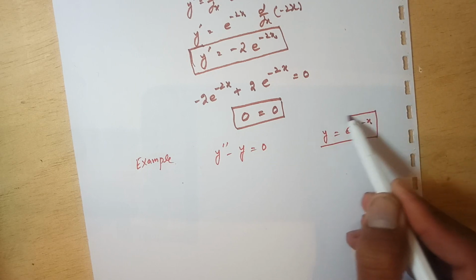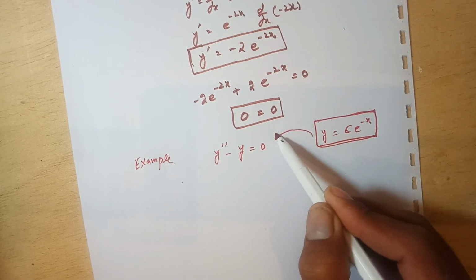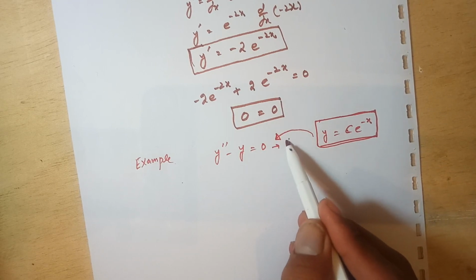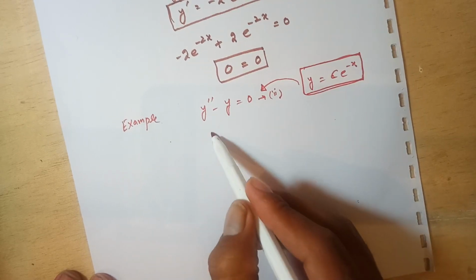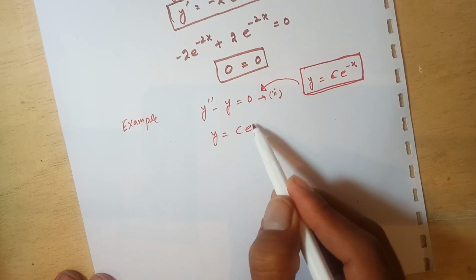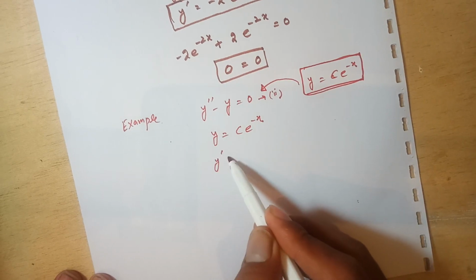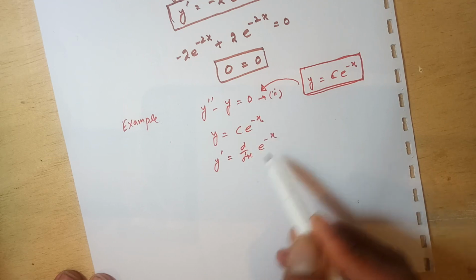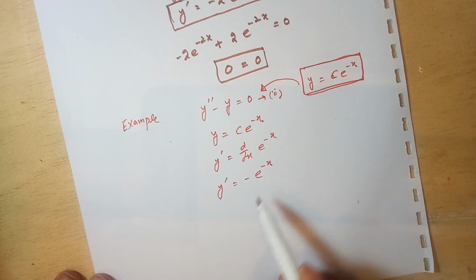Check whether this function is a solution of the differential equation or not. This is my equation number 2, and we have the function y is equal to c e power minus x. Take its derivative, y prime is equal to d by dx of e power minus x. So y prime is simply minus c e power minus x.